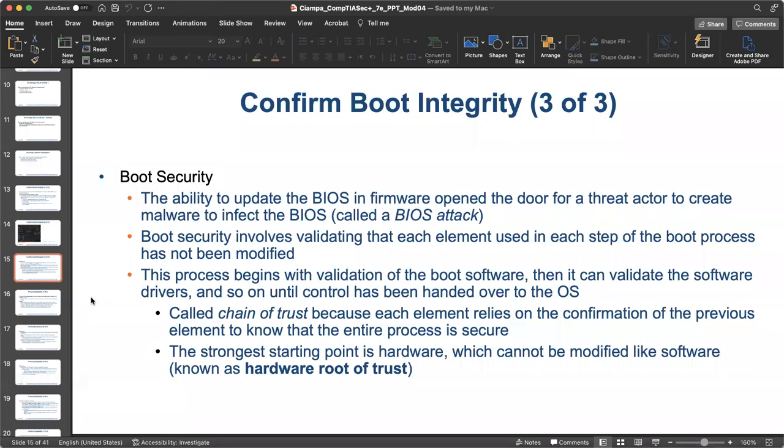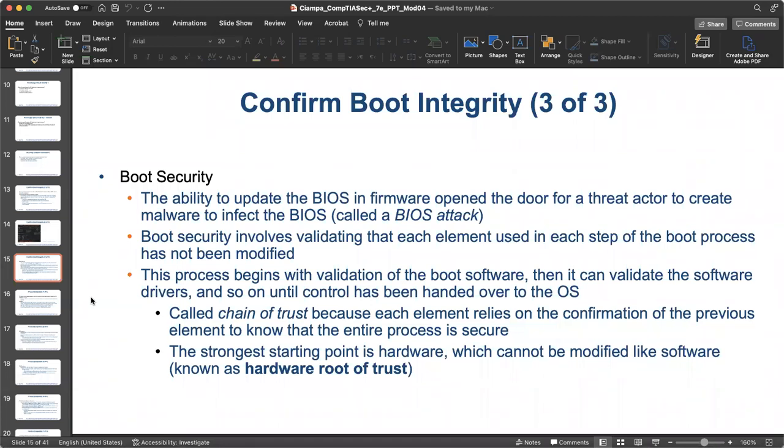The strongest starting point is going to be what? Let me ask the class. If we want to have a super strong starting point, what would you choose to be the starting point? You can also cheat off of the slide. Hardware. Exactly, right? So the strongest starting point is always hardware, which cannot be modified like software.